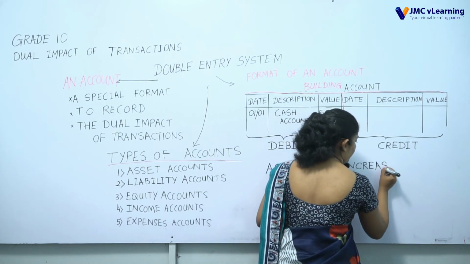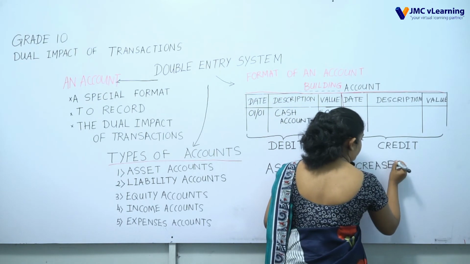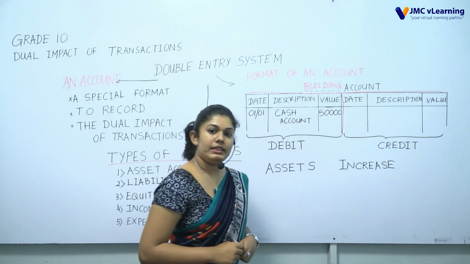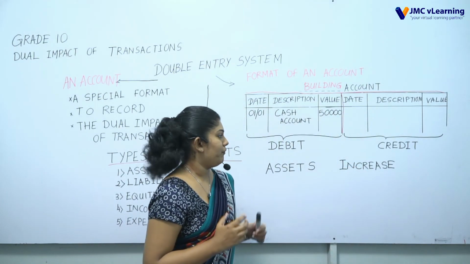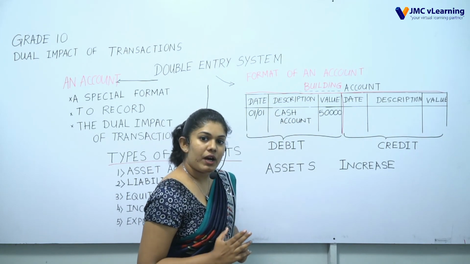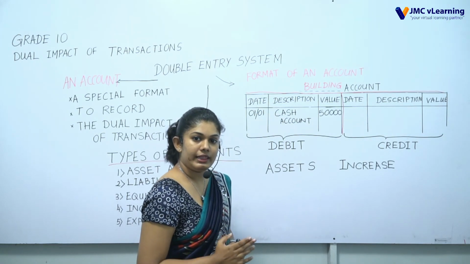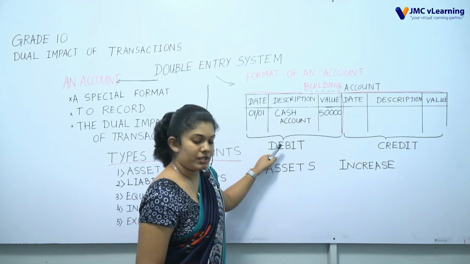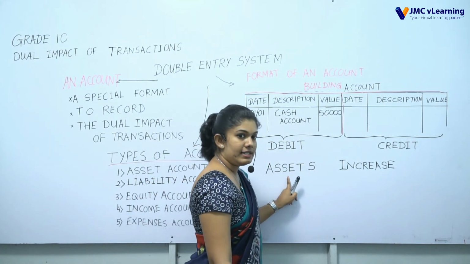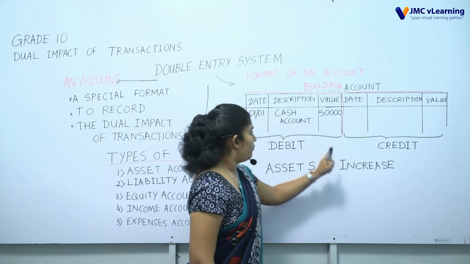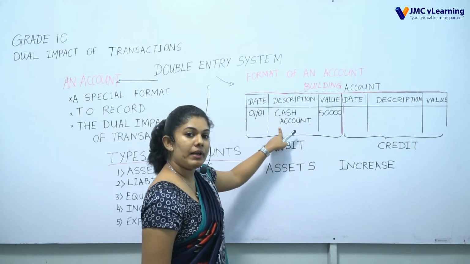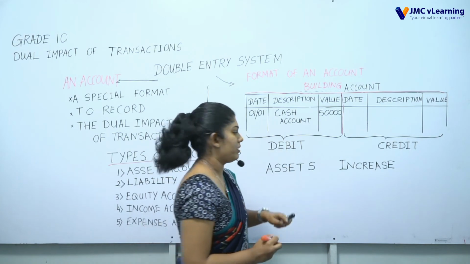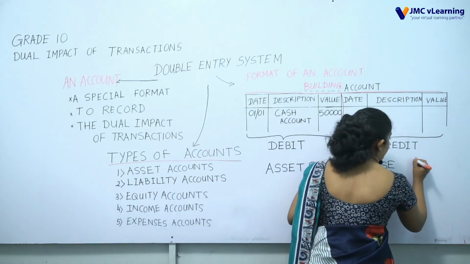Assets increase. In this situation, we record this particular transaction in the debit side of this account. When assets increase, we record it in the debit side of the account. Debit.